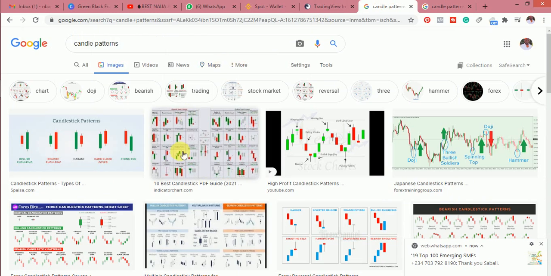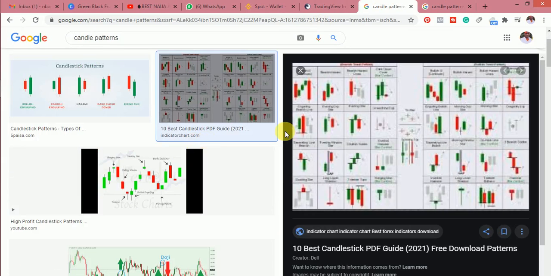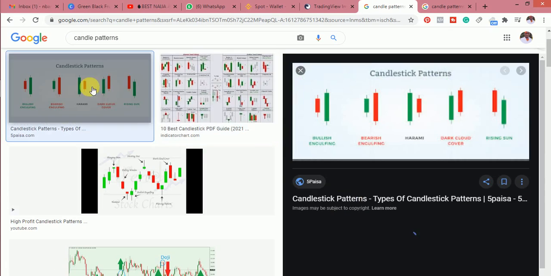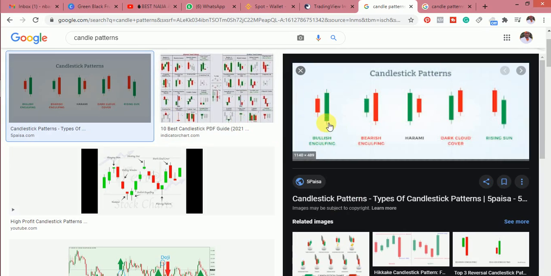Now this particular page finally loads, and this is what I was trying to talk about, understanding candle patterns. If you go on your chart, you will see some of these free pictures of candle patterns and how to read them. When there's a bullish engulfing, you know that it's going to be a buy, bearish engulfing, you know that it's going to be a sell.